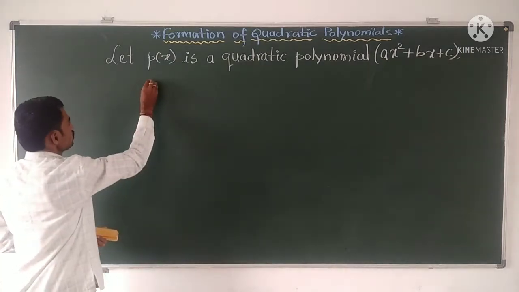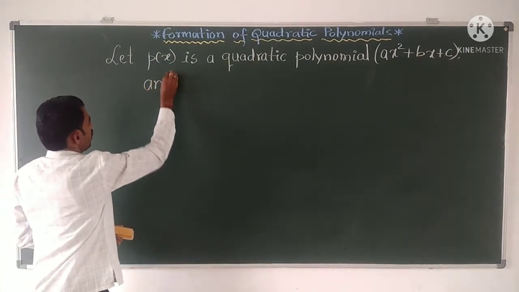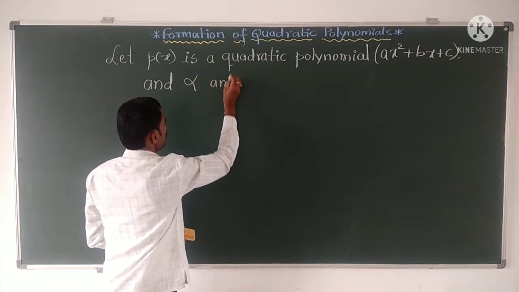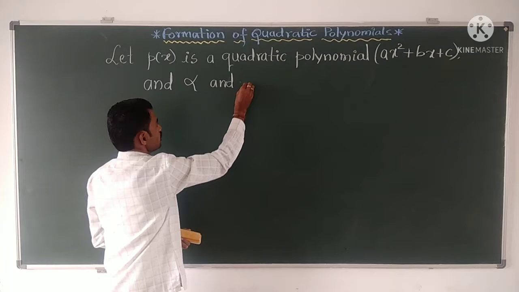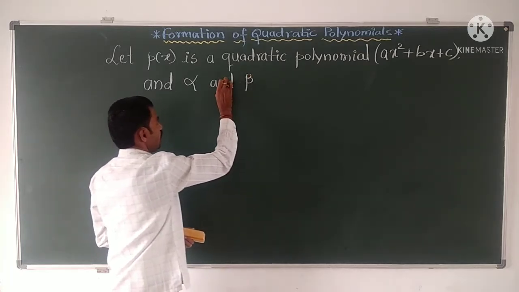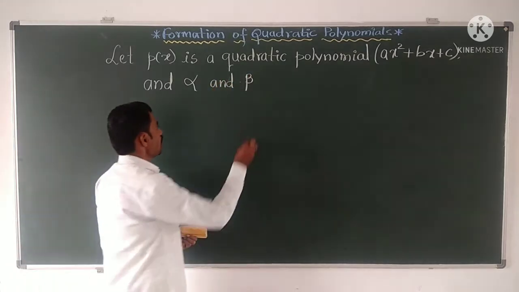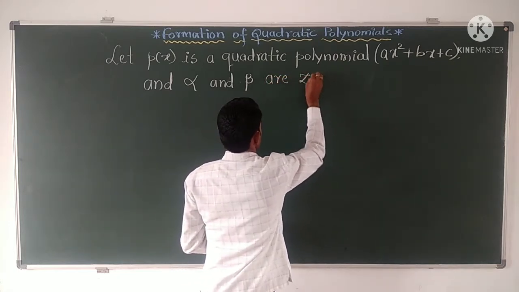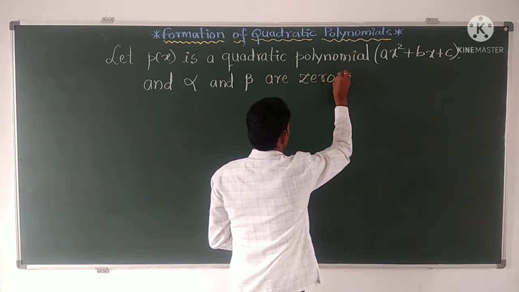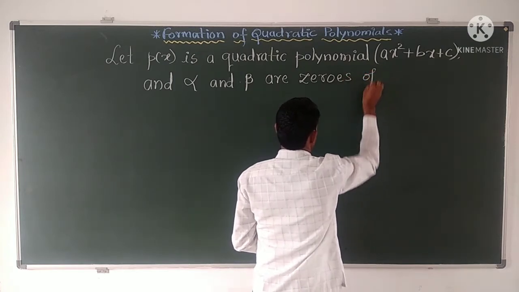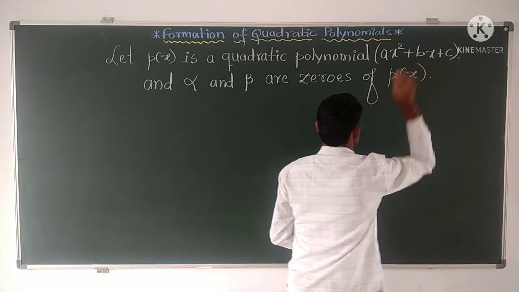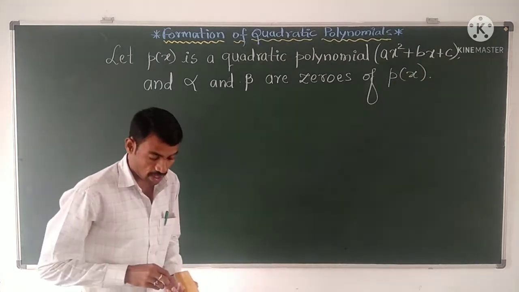And alpha and beta are the zeros of P of x. What are those alpha and beta?